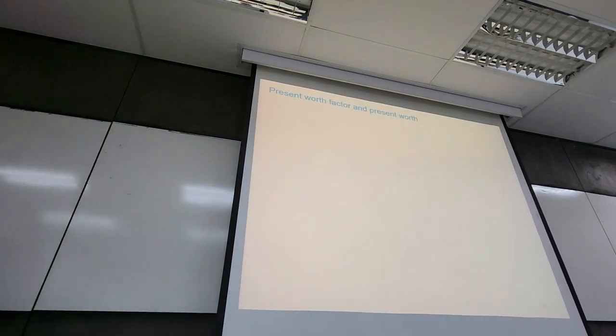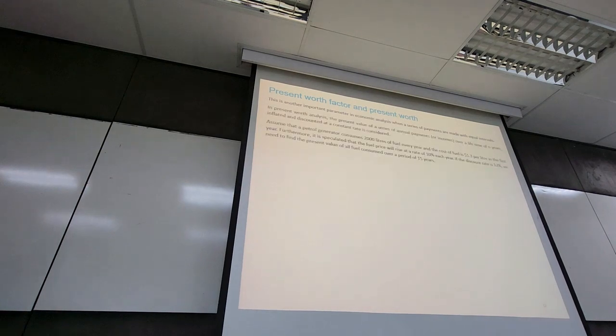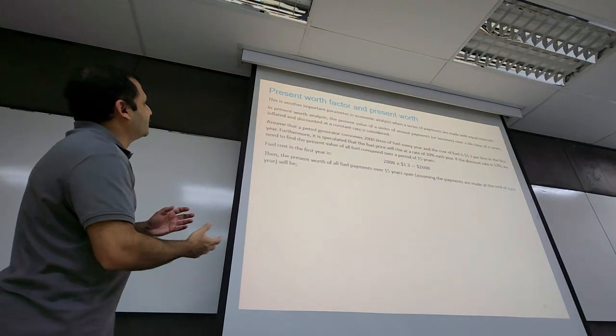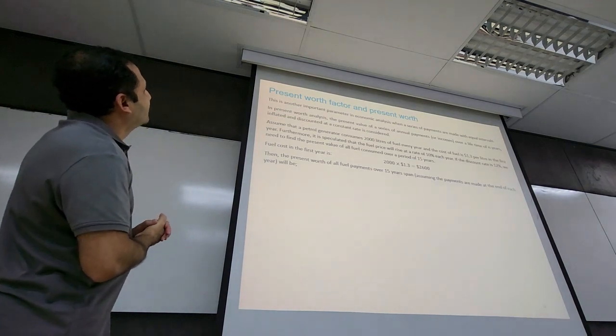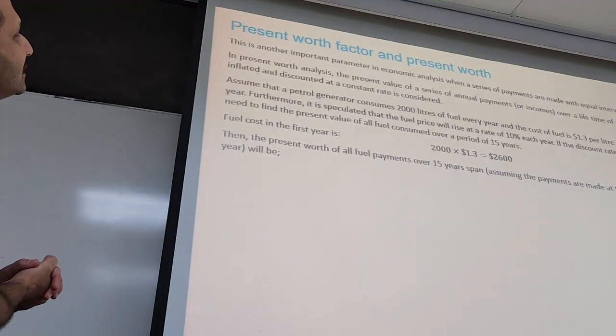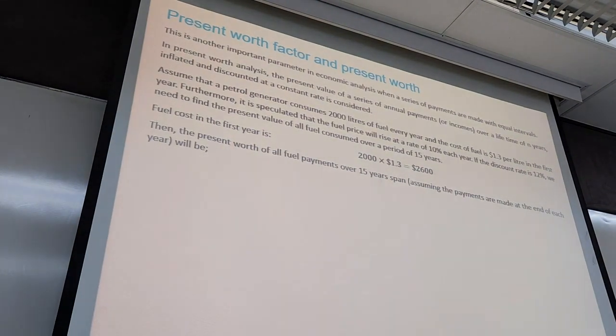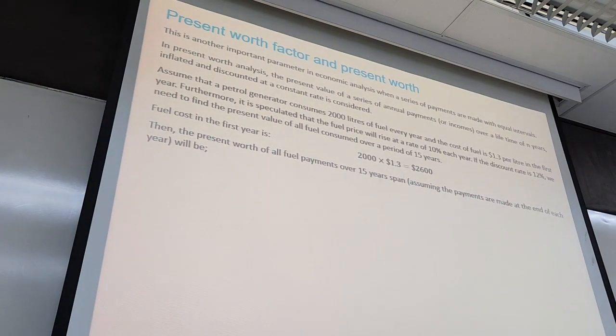So let's look at present worth. Let's look at the cost of fuel. Let's assume that a petrol generator consumes 2,000 liters of fuel every year, and the cost of fuel is $1.30 every liter in the first year.